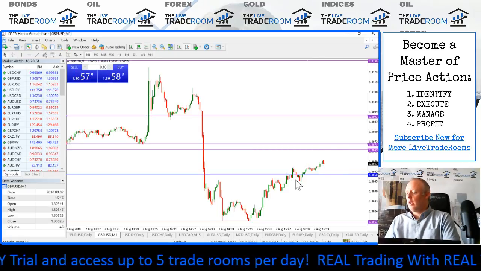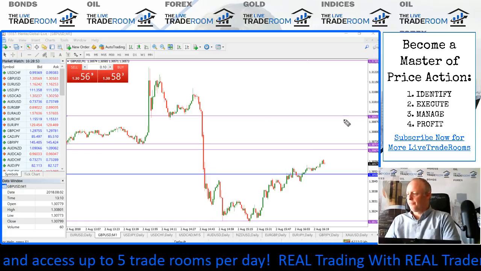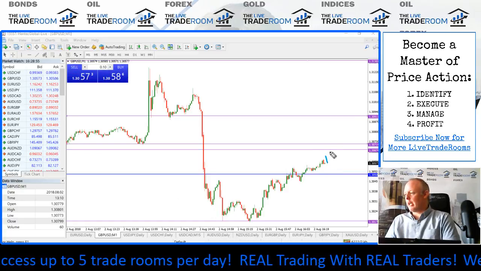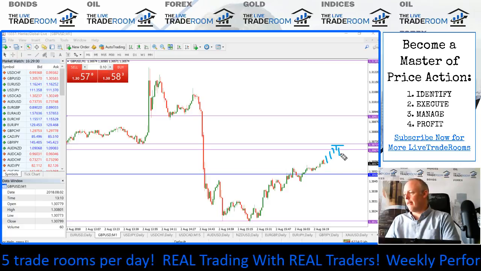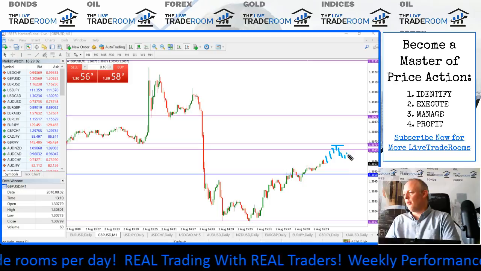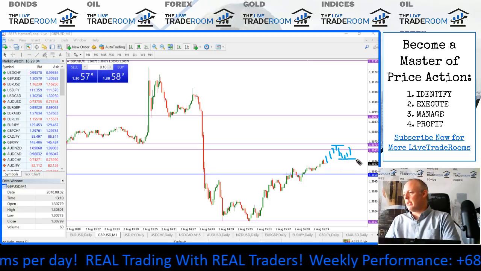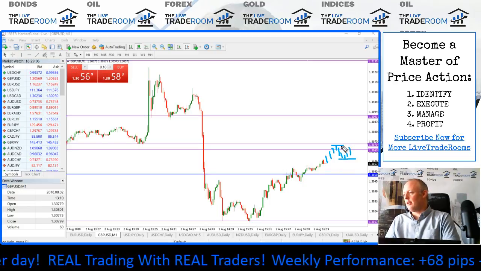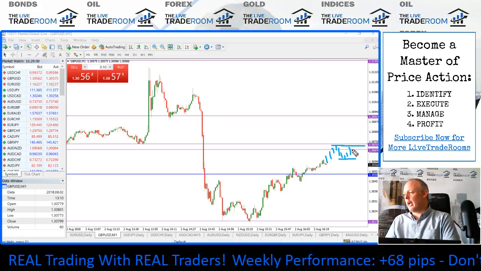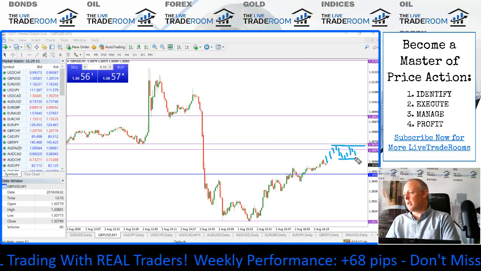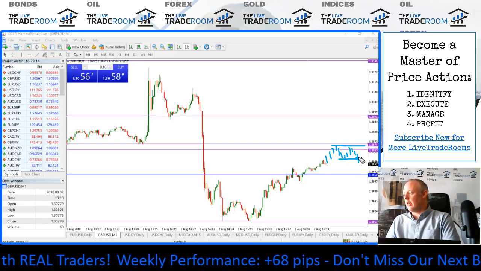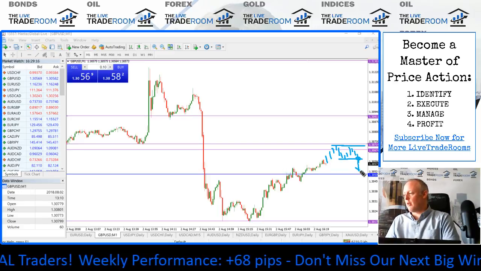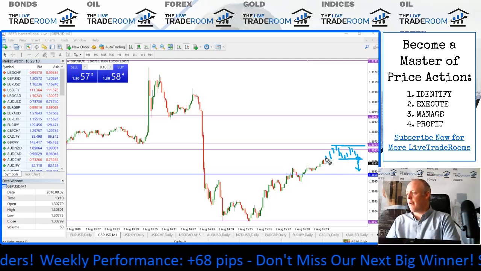So what we'd like to see is this, where we get this market just pushing back like that, creating a bit of a high in and around this area where we attempt to make a new low. We take note of that level, and we fail to make a new high, and then we just start to see this market roll back over to the downside, and that's your high probability trade setup to the downside, wherever this may be.